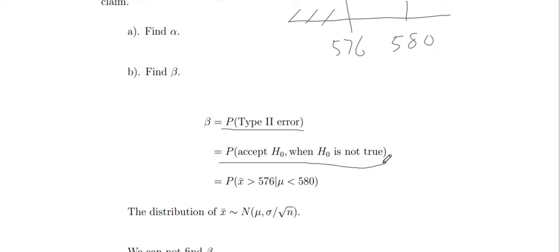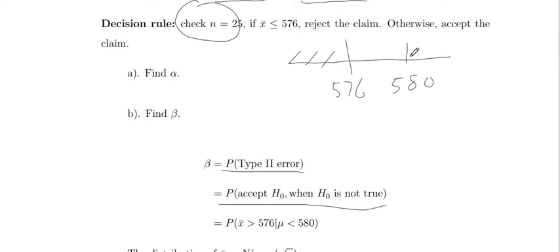Accepting H0 means when x bar is larger than 576, then we will believe this. We will accept their claim. We will believe mu is at least 580.